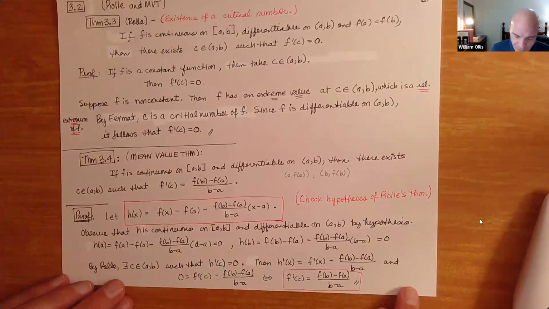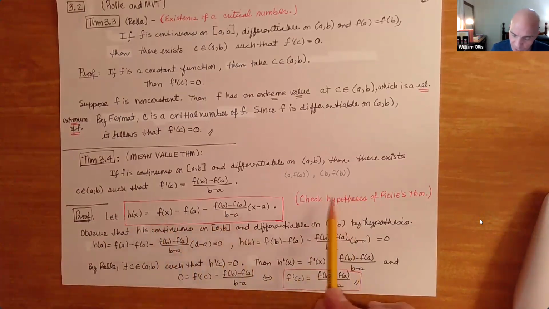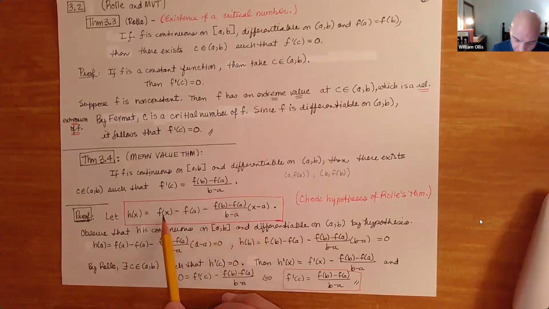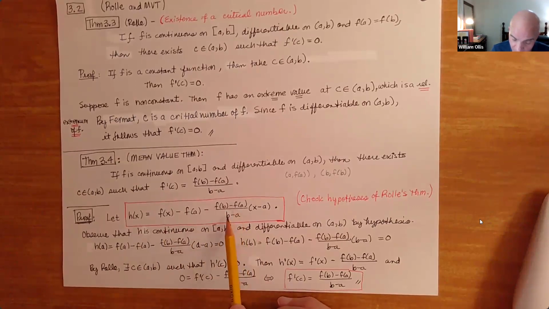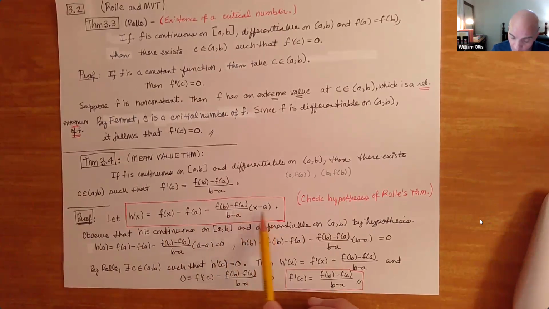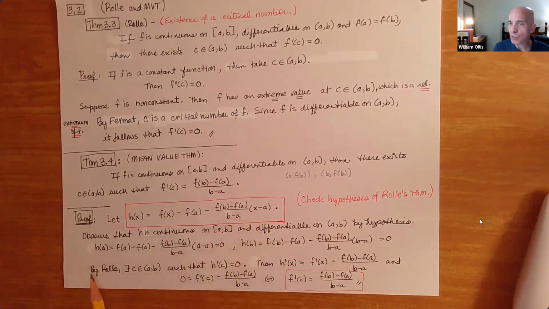Okay, now notice, what's nice about this particular function is that we need to check the hypotheses of Rolle's theorem. Now, what's nice about this, if you look at it, we've got the function f itself. We have constants, constants, constants, constants, constants, and then just a linear multiple here, x minus a. So by the hypothesis, f being continuous on the closed set, all the rest of the function algebraically satisfies the continuity, since any polynomial would be continuous on any set defined in the real numbers.